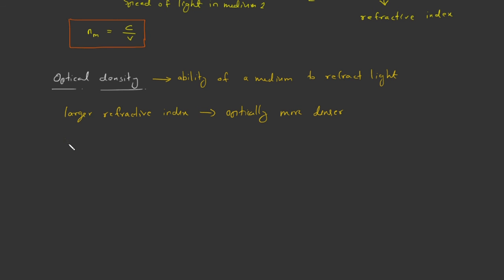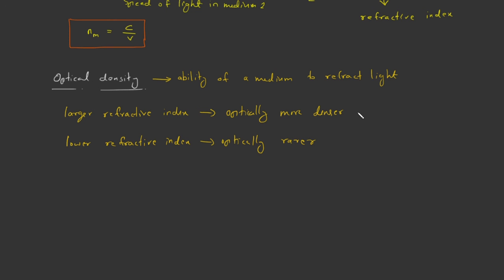So the other medium with a lower refractive index is optically rarer medium. So we are saying the refractive index is more, then that medium is optically more denser than the other medium.